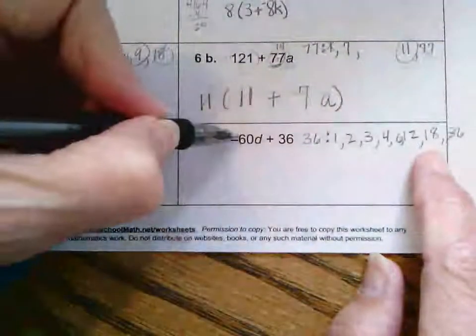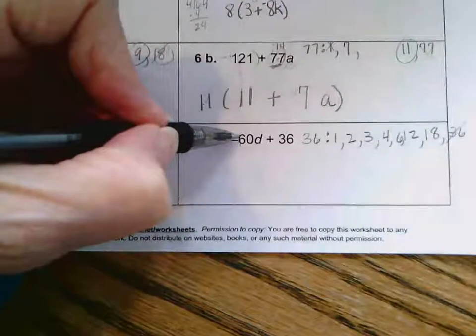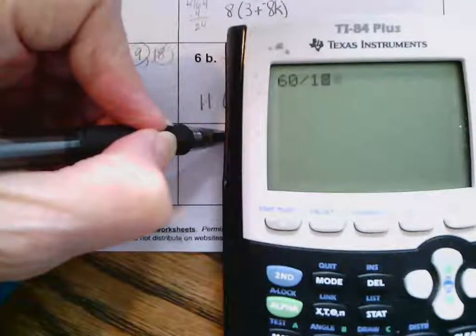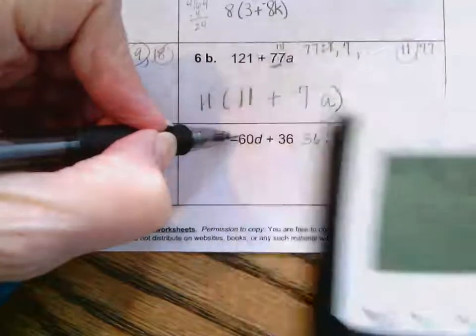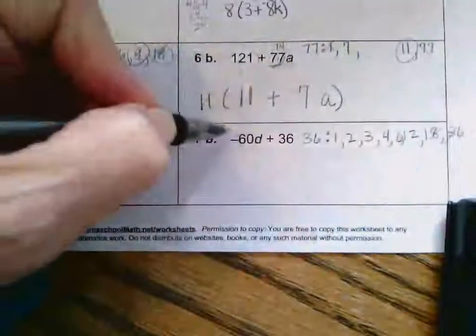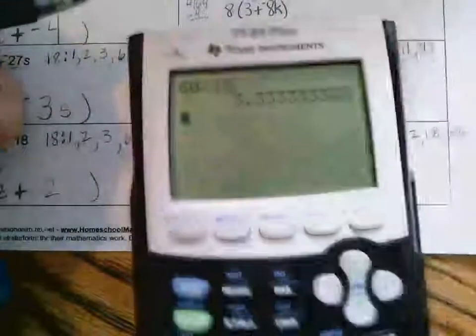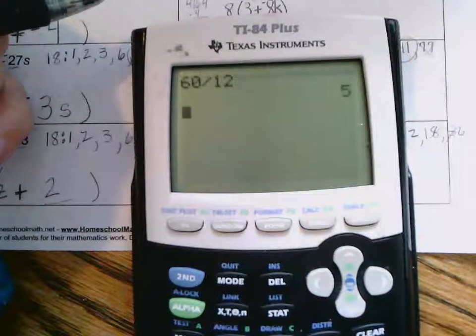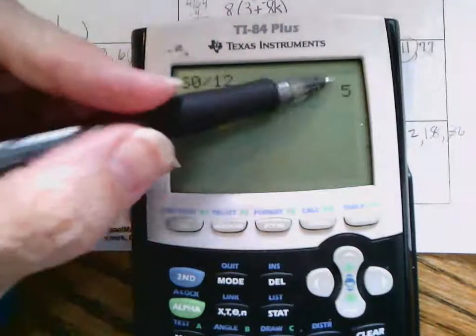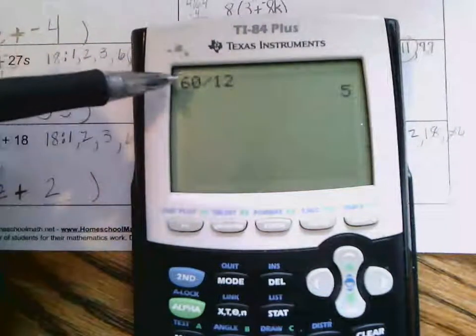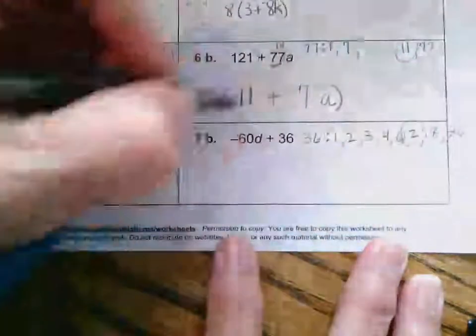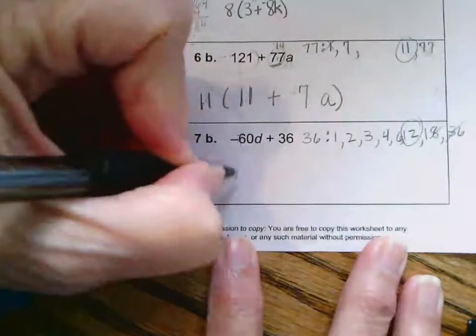No. Is 18 a factor of 60? Well, let's check it out. 60 divided by 18, no. Is 12 a factor of 60? 60 divided by 12, it is. 12 times 5 is 60. So 12 is my greatest common factor here.